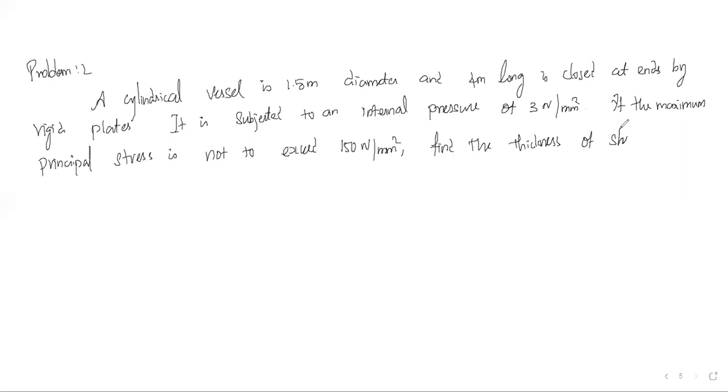Find the thickness of shell and assume Young's modulus E is equal to 2 into 10 to the power 5 Newton per mm square, and Poisson's ratio mu is equal to 0.25.